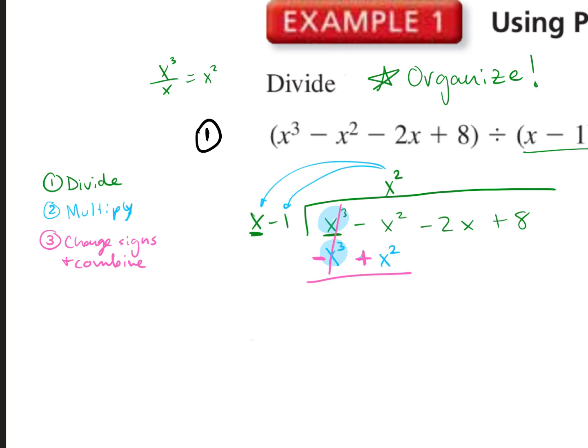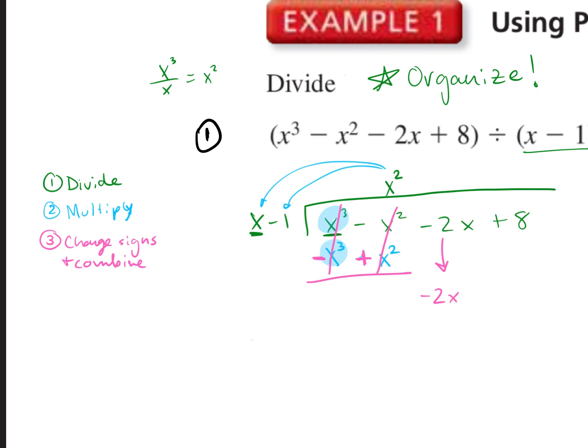They're the same thing. They cancel out. Your first terms will always cancel. Just so happens here that I have a negative x squared plus x squared, so these cancel out too. So now I have to move on to my negative 2x. I'm going to drop that down because I'm going to repeat the same steps again.